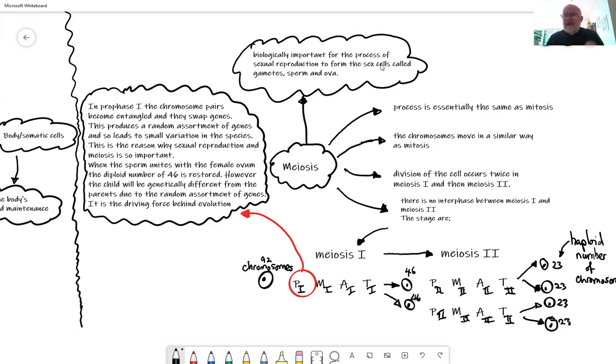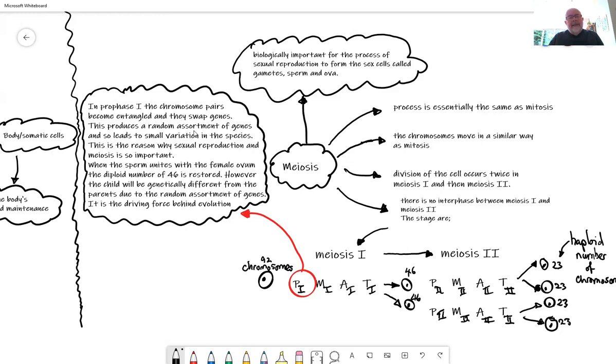Now, although essentially the chromosome movements are the same, there is an important difference, and that's why I've run prophase 1 in red. If you look in prophase 1, the chromosomes pair up, just as before, but this time they cross over like that. They become what we call entangled. And it's at that point that the genes are randomly swapped between the 2 sister chromosomes, or chromatids as we call them.